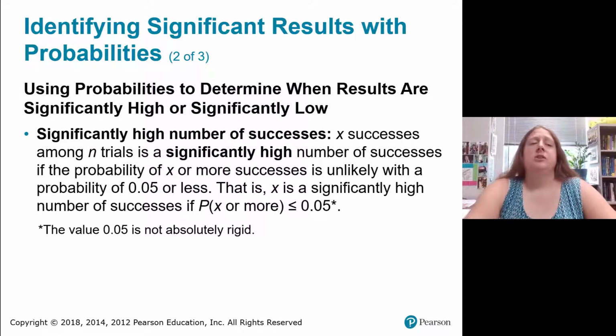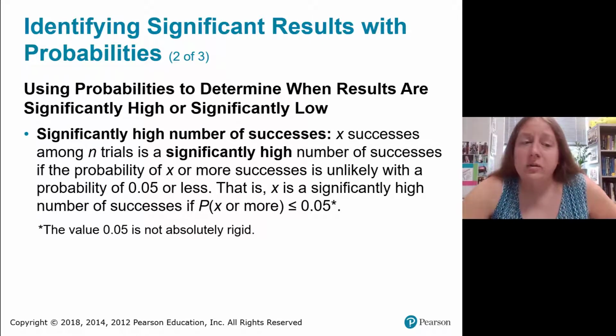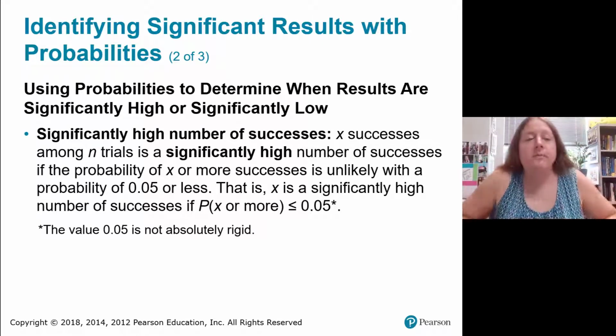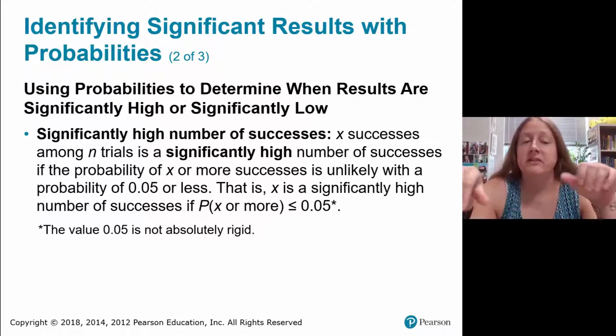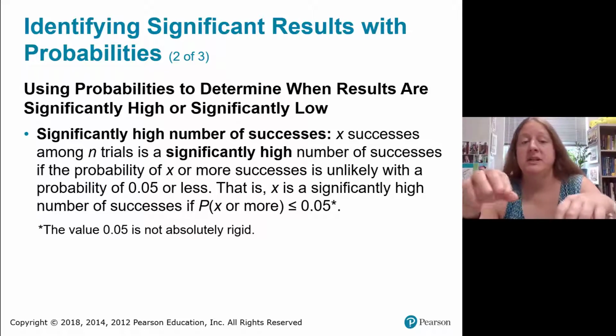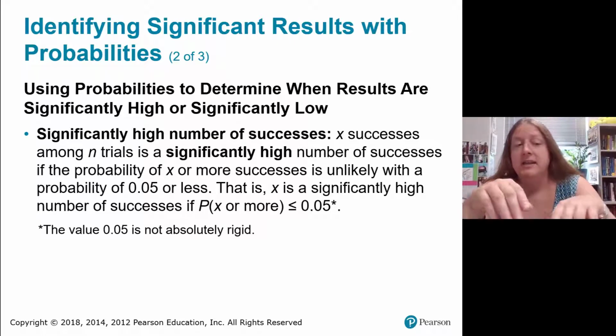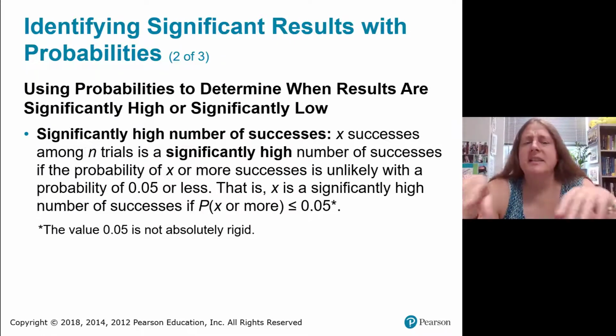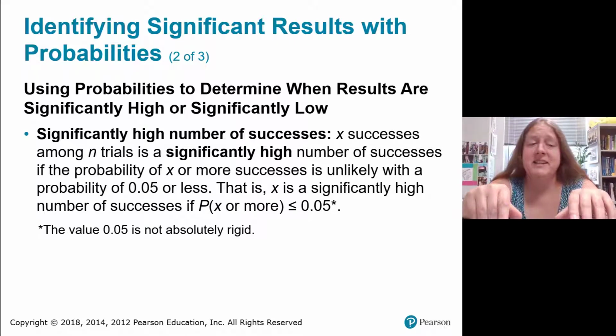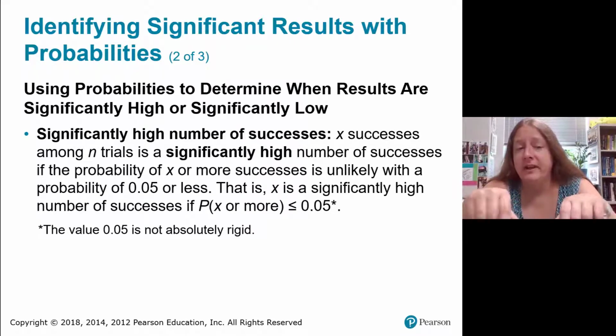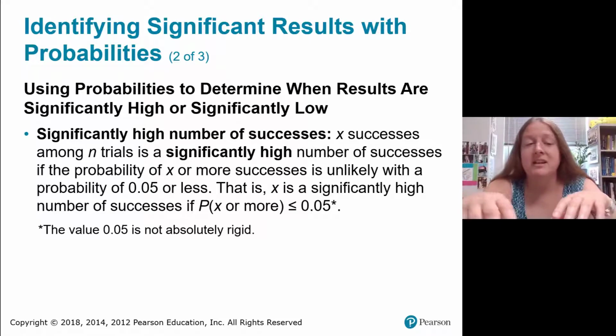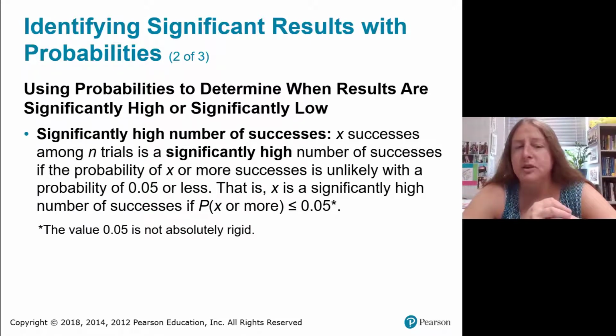So, using probabilities to determine when they're significantly high or low. A significantly high number of successes means we'll have X successes among N trials, and it's a significantly higher number of successes if the probability of X or more successes is unlikely, with a probability of 0.05 or less. There's that 0.05 number again.